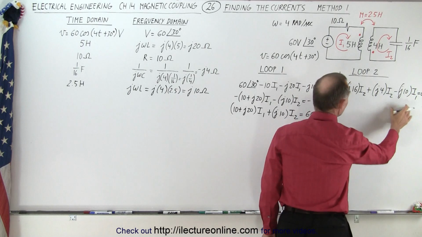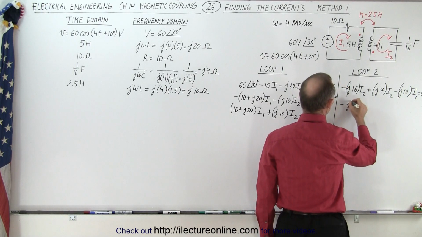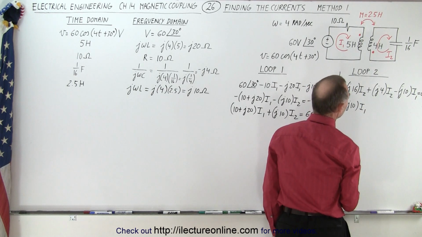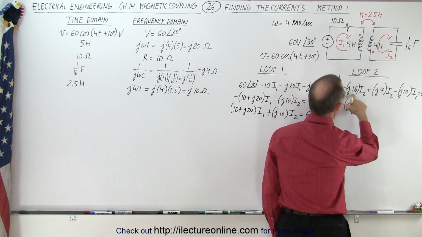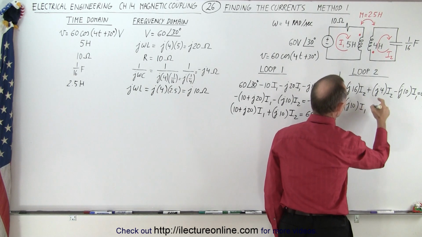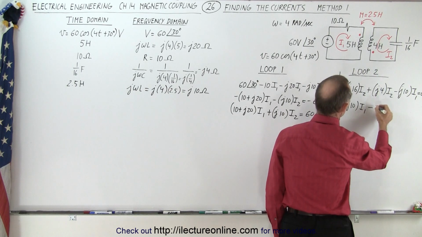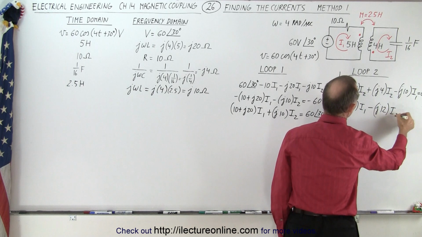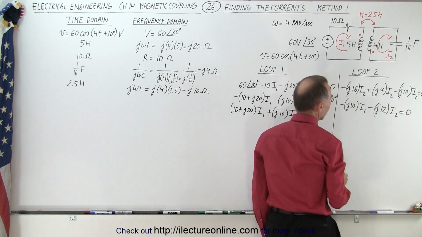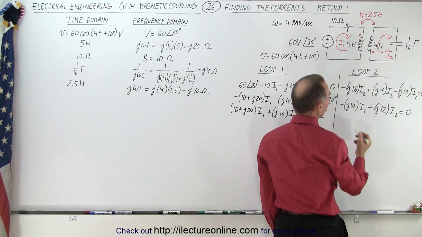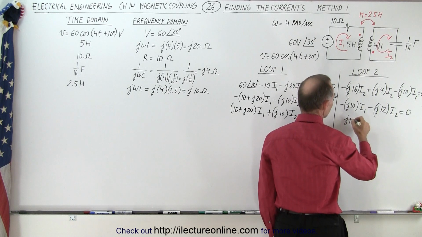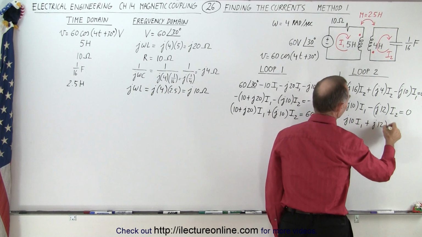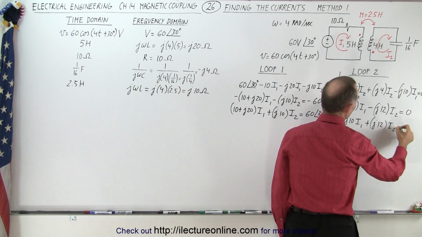Combining this, here we have a minus j10 I1, and then over here we have a minus 16 plus j4, that would be a minus 12, so j12 times I2 is equal to 0. When I get rid of all the negative signs, I have j10 I1 plus j12 I2 equals 0.